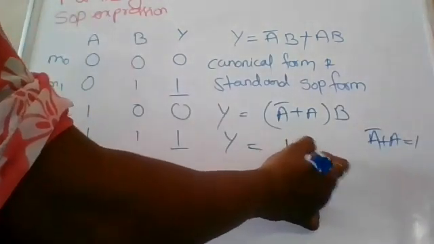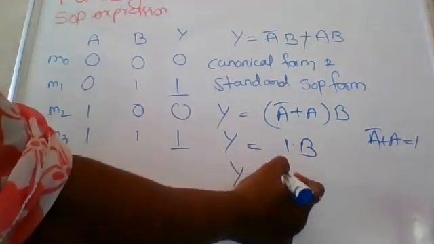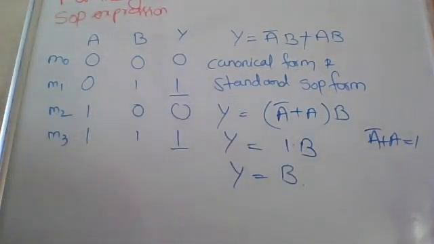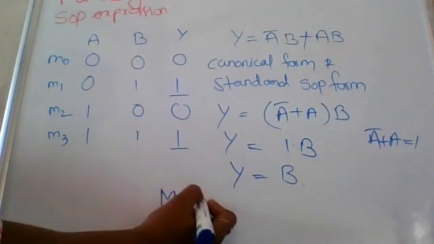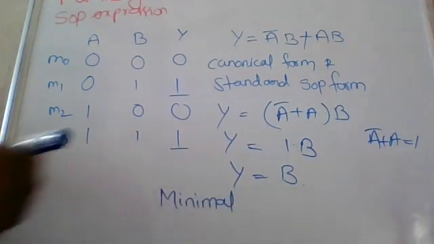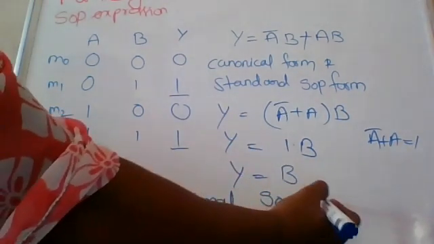That means 1 dot B, so we can write Y equal to B. So this is called minimal SOP form.